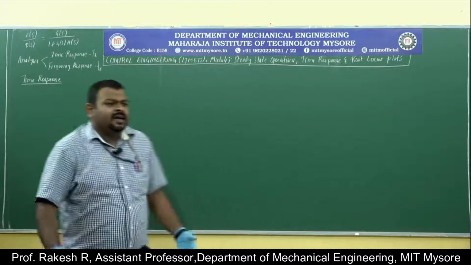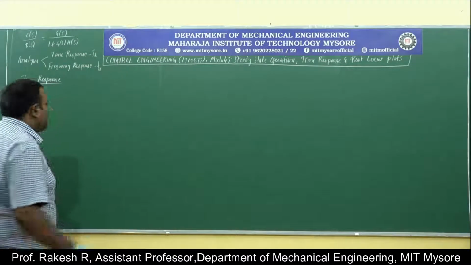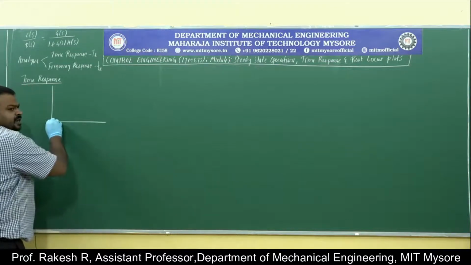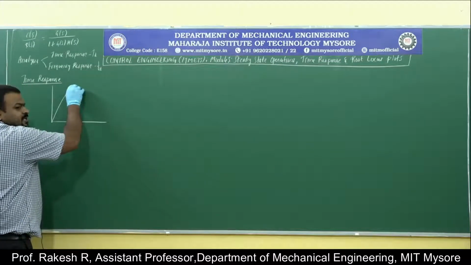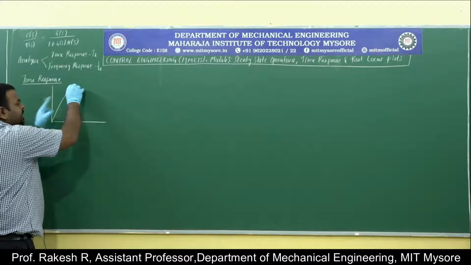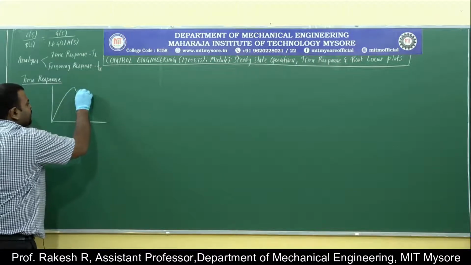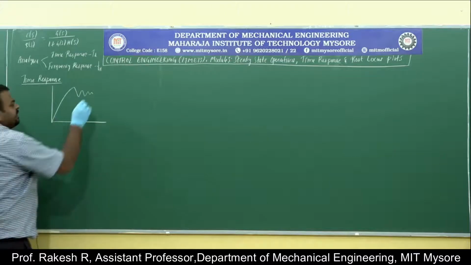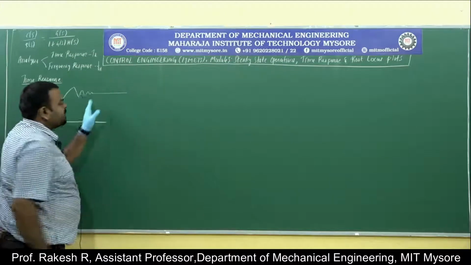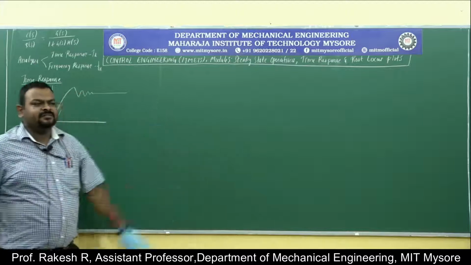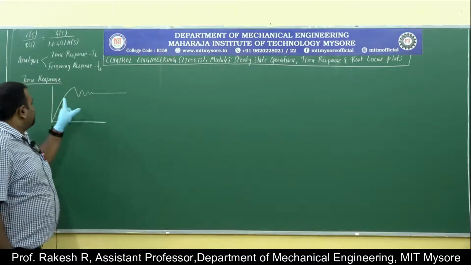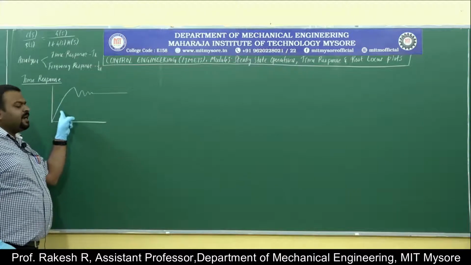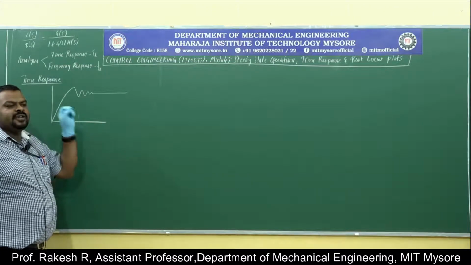Let us see a control system having a response curve like this. Initially it has a higher amplitude, then the amplitude decays to 0. After that, the output is maintained in a stable fashion. In the first successive cycles, the amplitude varies continuously with respect to time.